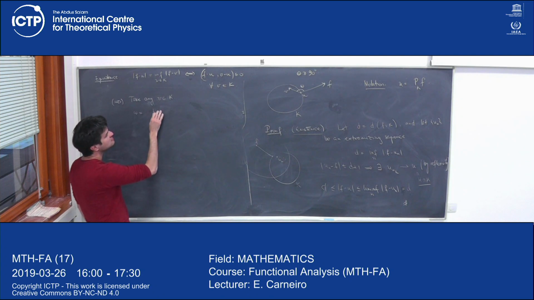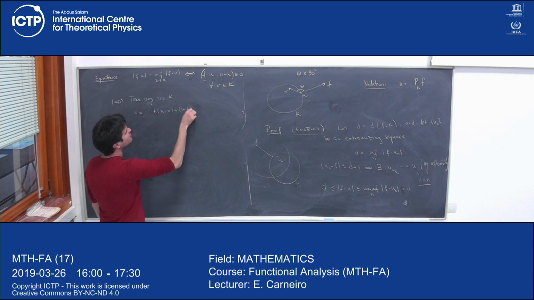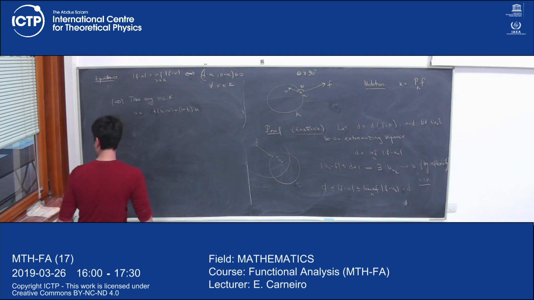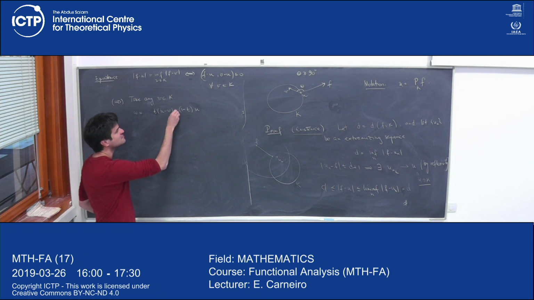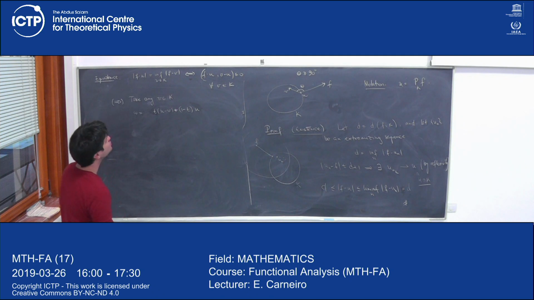t, something like this. So t u plus 1 minus t v. Is that what I want? So I want just to take u and do a little bit of a bump in this direction.